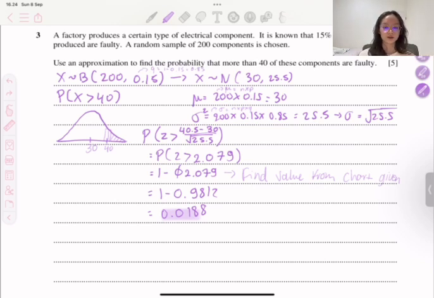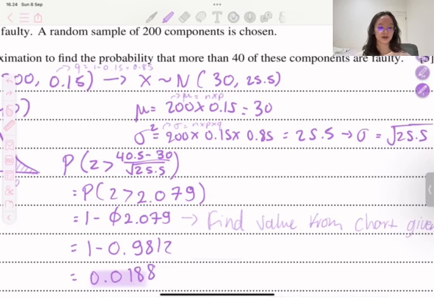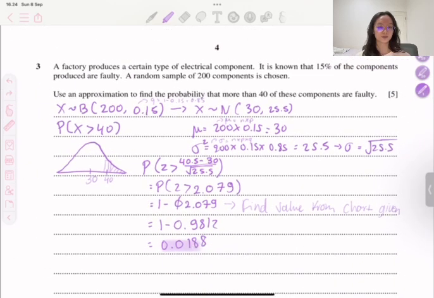So we can transform that into a normal distribution first. The normal distribution will need the mean and the variance. So we can find the mean by multiplying n and p, n being the number of trials and p being the probability of success. So 200 times 0.15 will be 30.